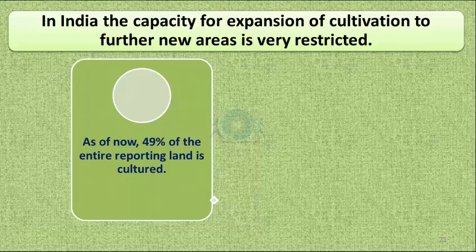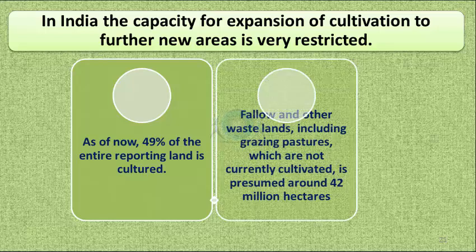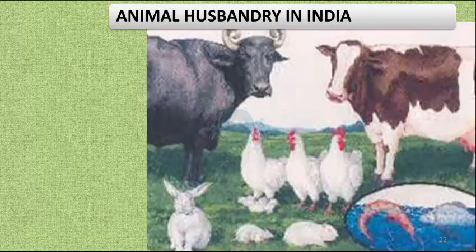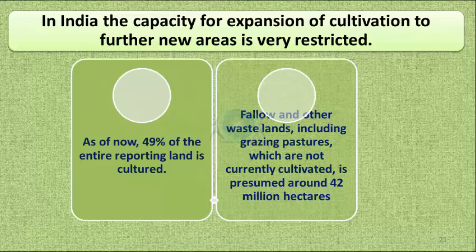Fallow and other wastelands, including grazing pastures which are not currently cultivated, are presumed to be around 42 million hectares. Further expansion of cultivation to such lands would be very expensive because improvements will have to be made on irrigation and water and soil conservation methods that exist in the country today.